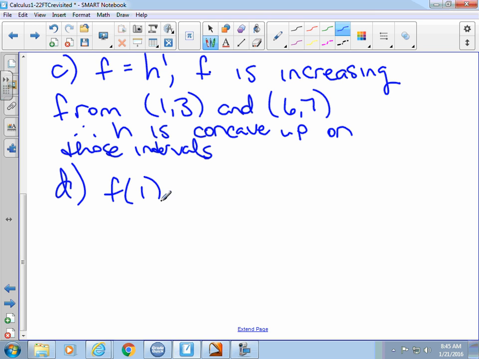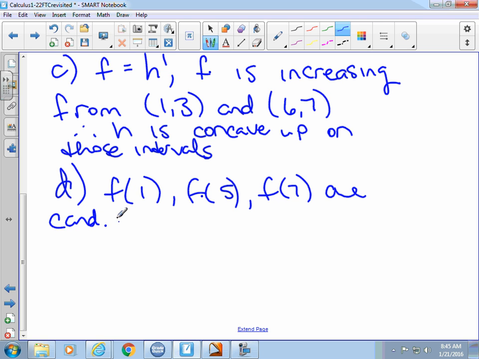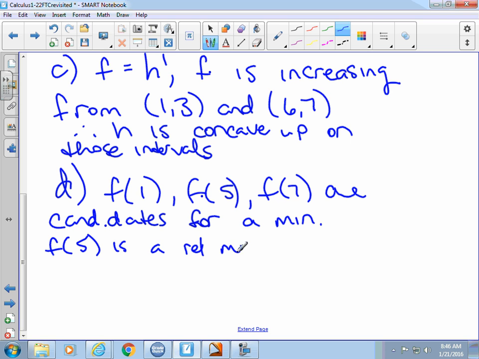F of 1, F of 5, and F of 7 are candidates for minimum. You could even get away without even listing the F of 5. AP knows you threw it out, but I'm going to go ahead and say it. F of 5 is a relative max. So I'm telling the AP Reader I'm throwing that out.